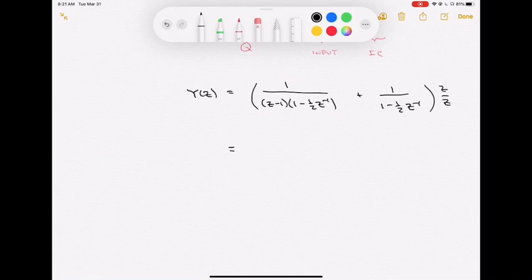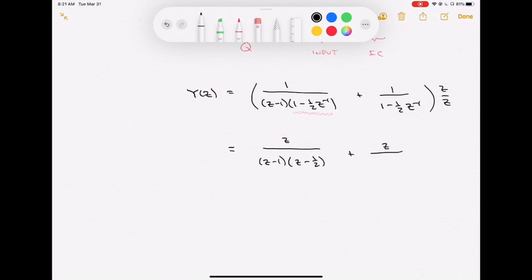And if I go ahead and distribute that out, I'm going to get a z over z minus 1. Take that denominator z, multiply it through the second portion here, and I'm going to get z minus a half. So that's just going to return everything to positive powers of z. And then same sort of idea on the last term over here.